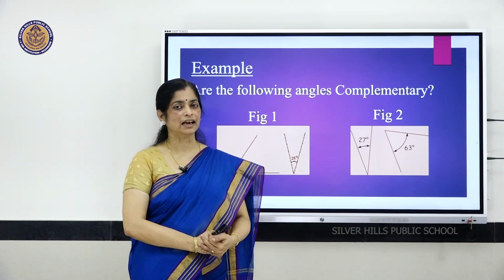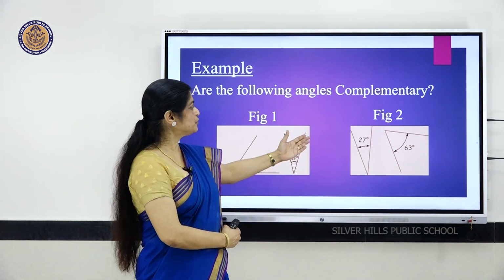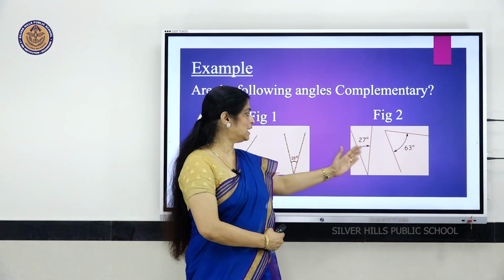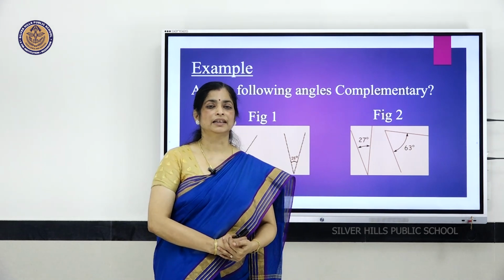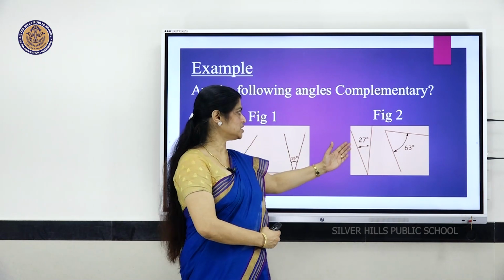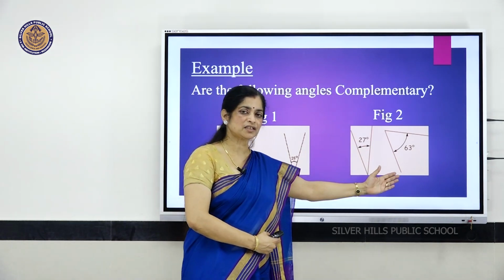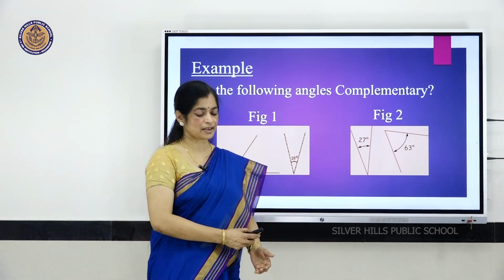Hence, we can say that they are not complementary angles. But look at figure 2. When you add 27 plus 63, the sum is equal to 90 degree. Hence, they are complementary angles. 27 is the complement of 63 and 63 is the complement of 27.